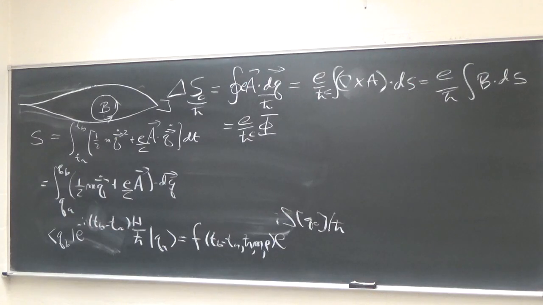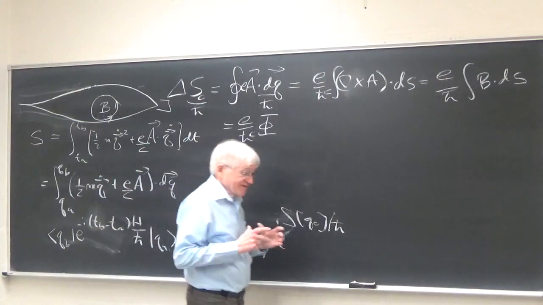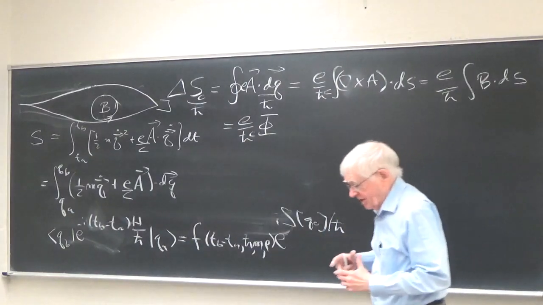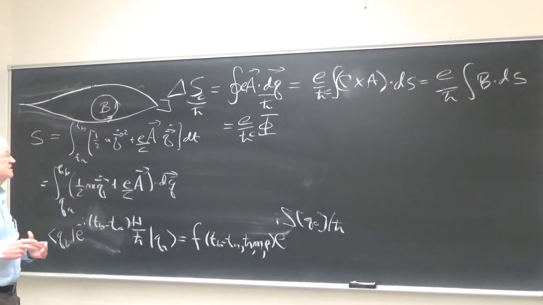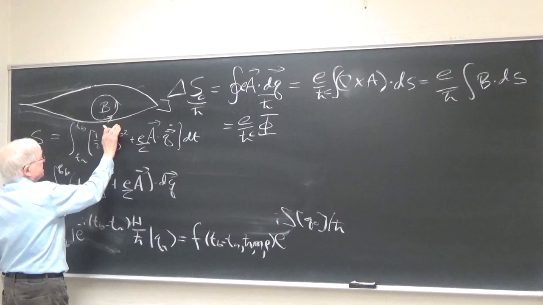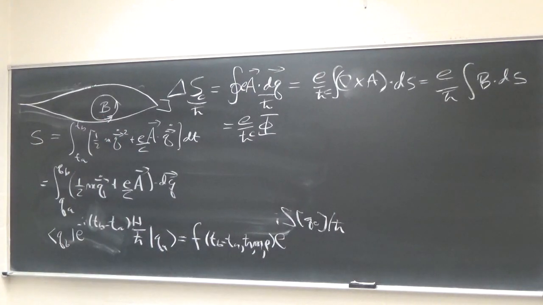Now imagine this is some sort of a perfect solenoid, and you surrounded the solenoid by some mu metal which blocks magnetic fields. Then what you have out here is the vector potential, but you don't have the magnetic field out there.